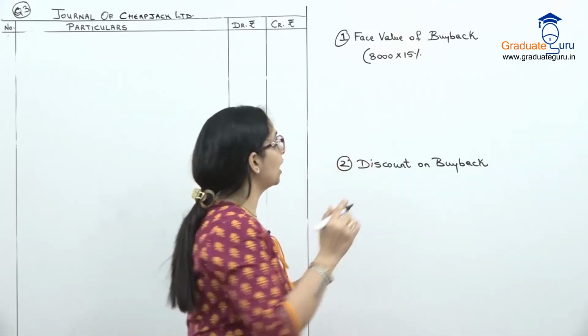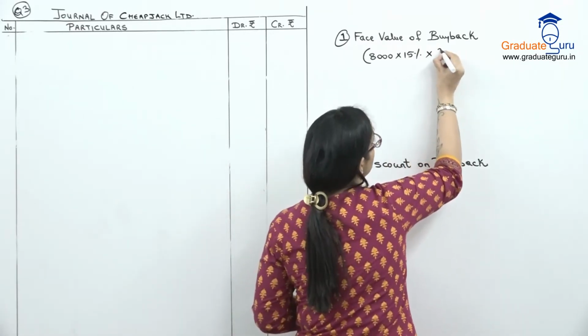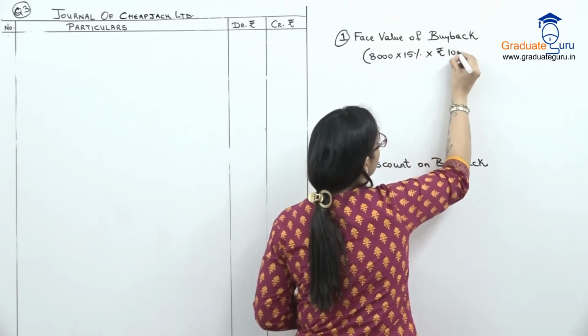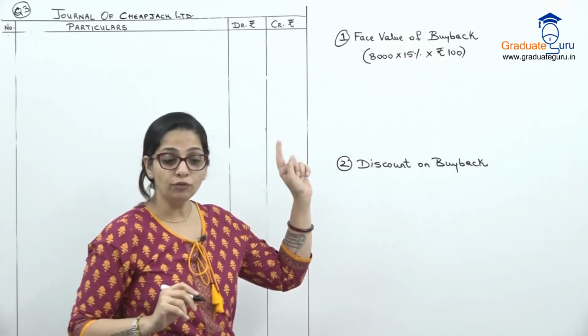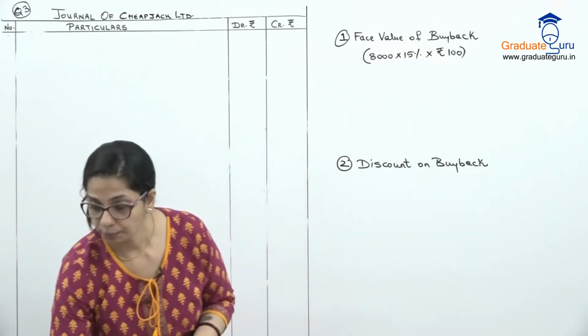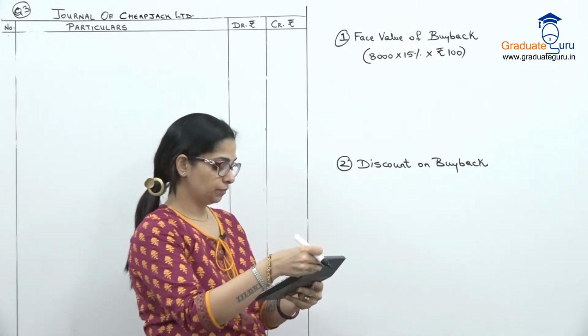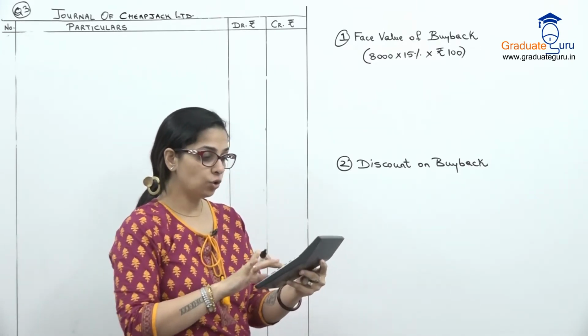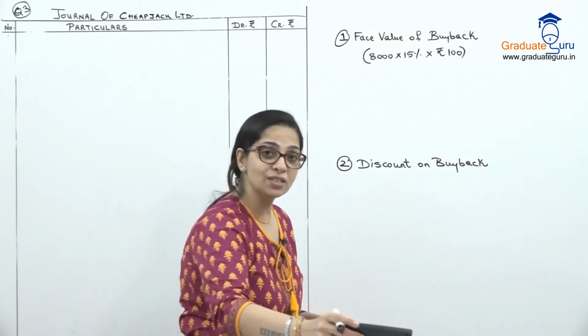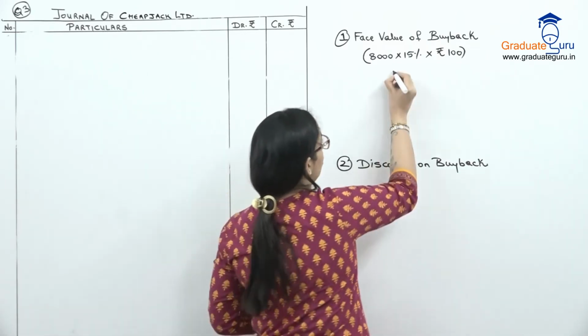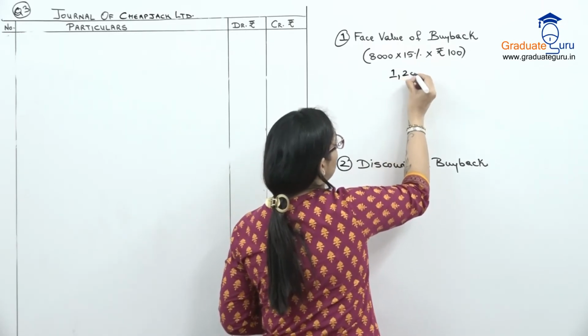So I am going to write 100 rupees per share and not 80. Okay. So this is going to be my face value calculation. Let's calculate 8,000 into 15% into 100. So your face value for buyback is 1,20,000.